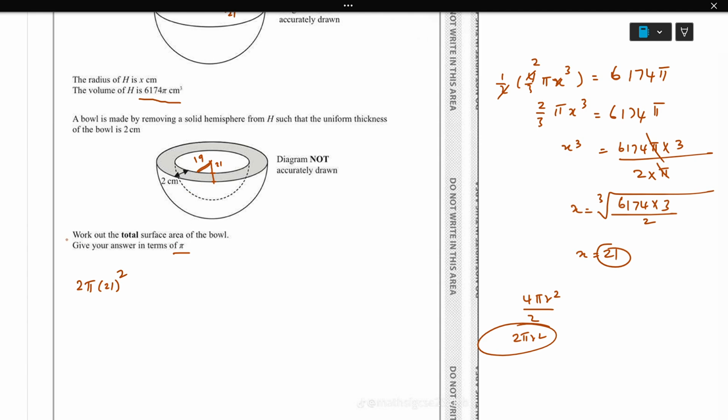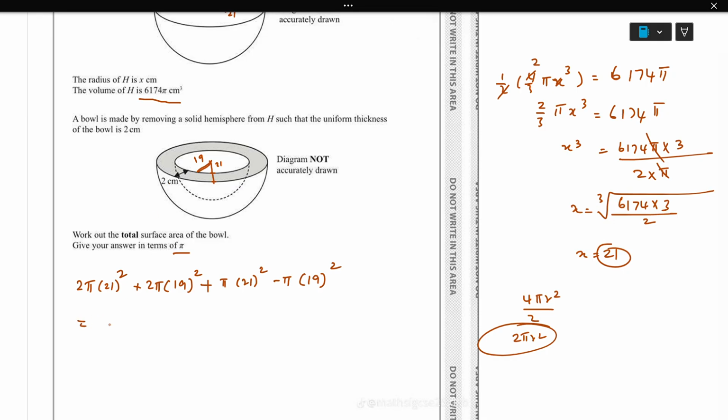Again we need to find that surface area, which is 2 pi into the radius 19 squared, then plus the top, which is shaded. To find the shaded area, it is the circle area, pi r squared: pi into 21 squared minus pi into 19 squared. So we'll get the top area.